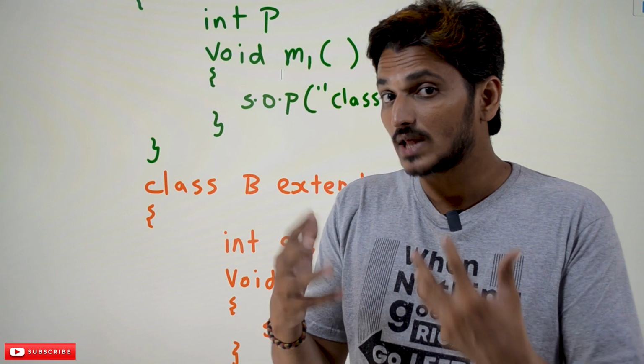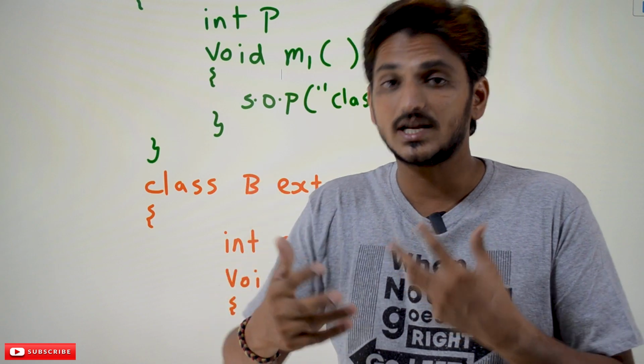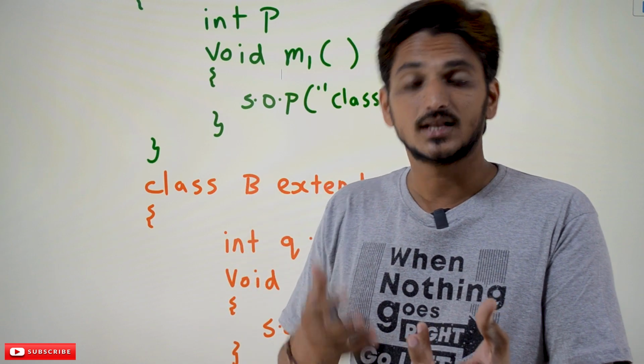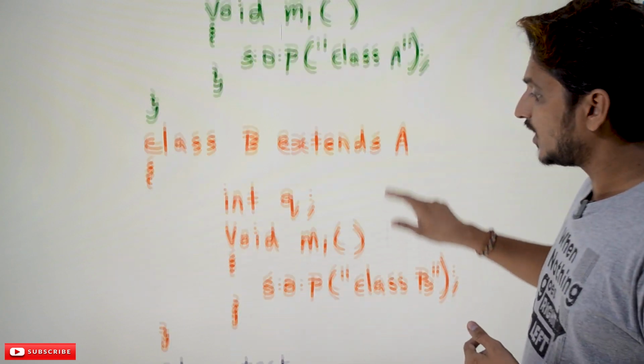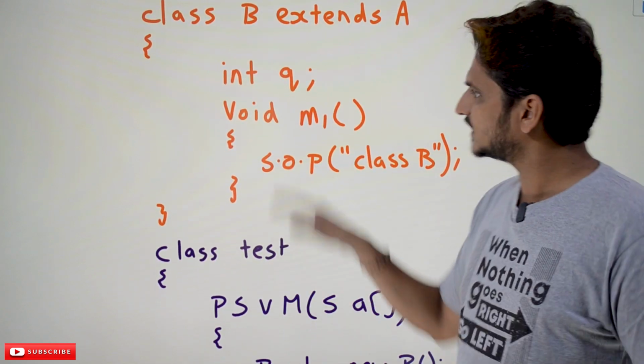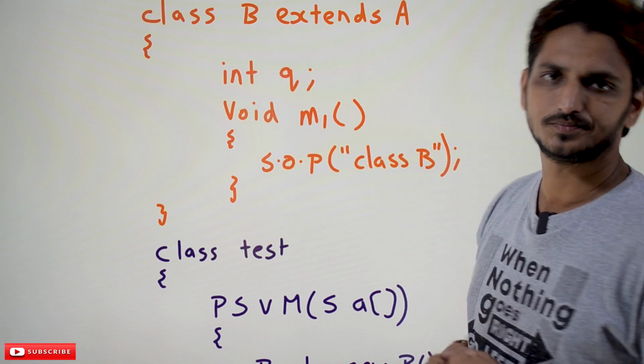Now coming to the programmer's point of view, you need to understand a few points, and the solutions for that will be discussed in our next class. Let's take one more method in class B, void m2 of.